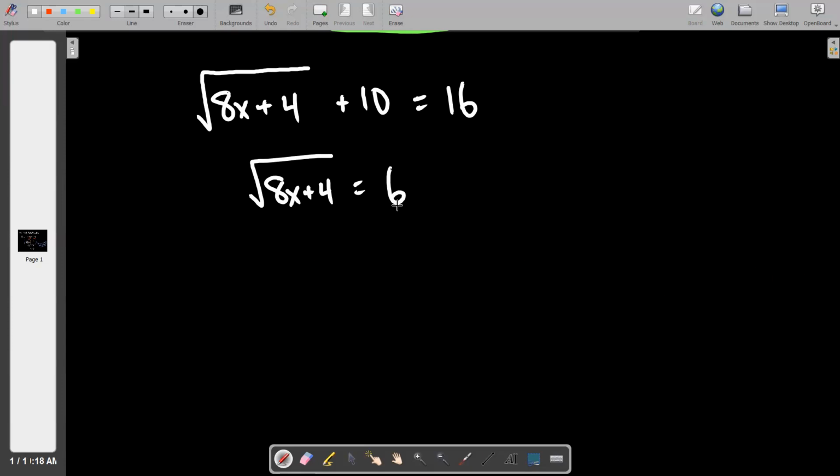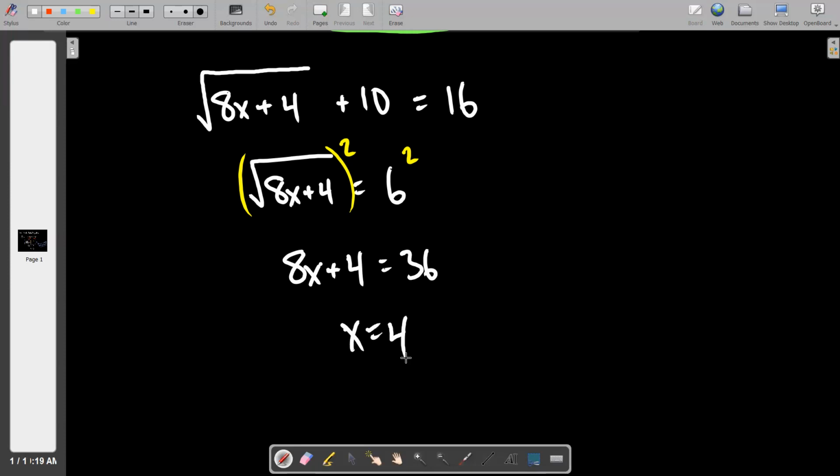And what do we have to do now? Square both sides. Good. So we square the left side and we square the right side. No need for parentheses on the right side because it's just a singleton. What do we get on the left? And what do we get on the right? Yep. And then we subtract 4 and get 32. Divide by 8. You get x equals 4.